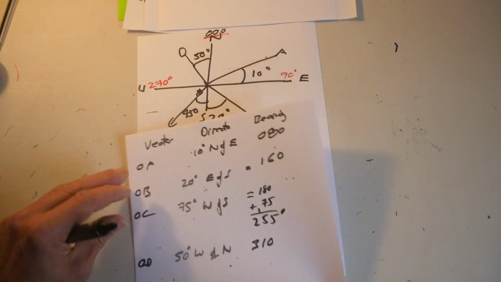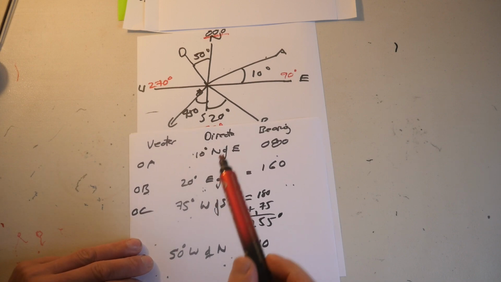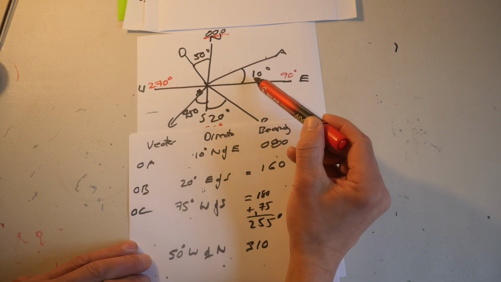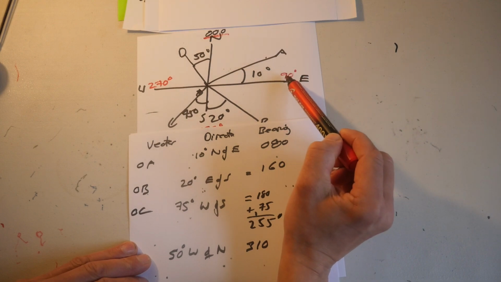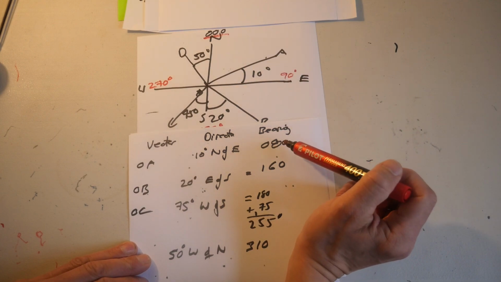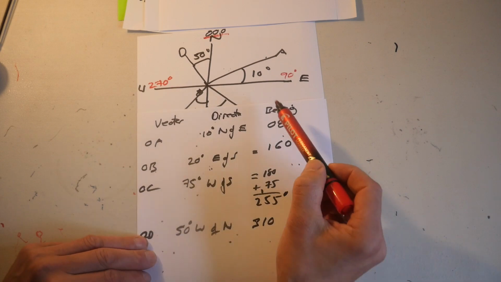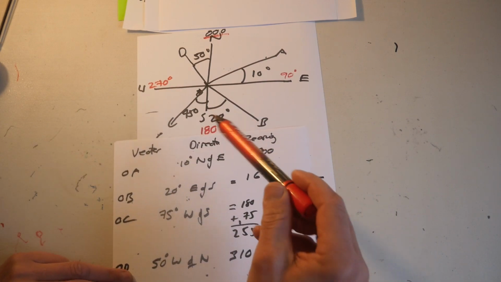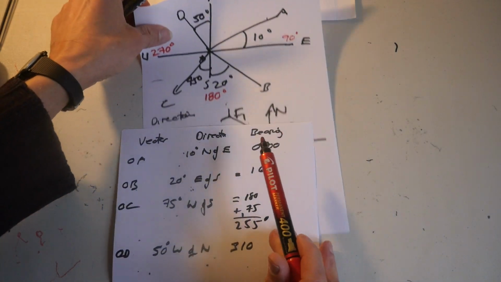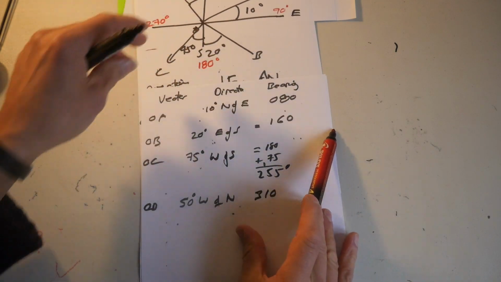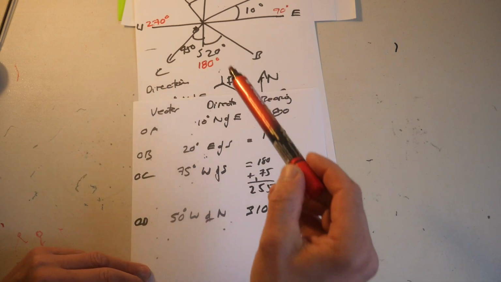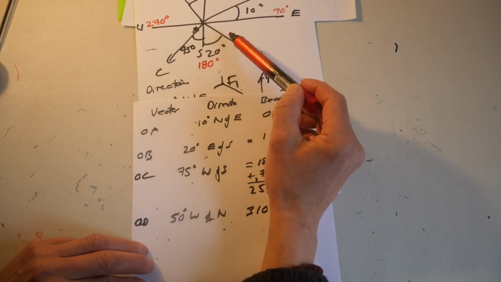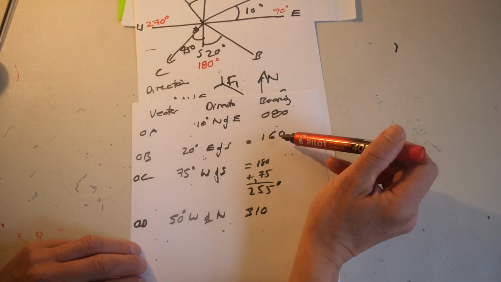So when you have vector OA, which is 10 degrees north of east, that is 90 minus 10, a bearing of 080. Bearings are always 3 digits. When you have vector OB, which is 20 degrees east of south, 180 minus 20 is 160, so the bearing is 160.